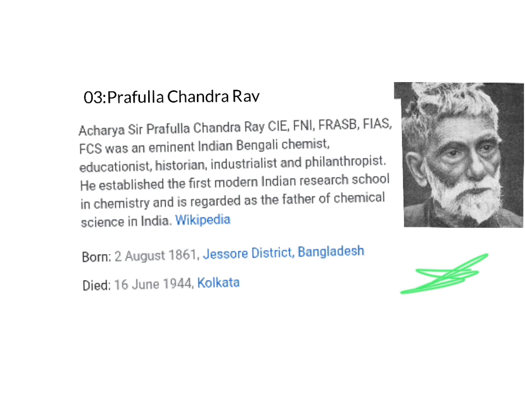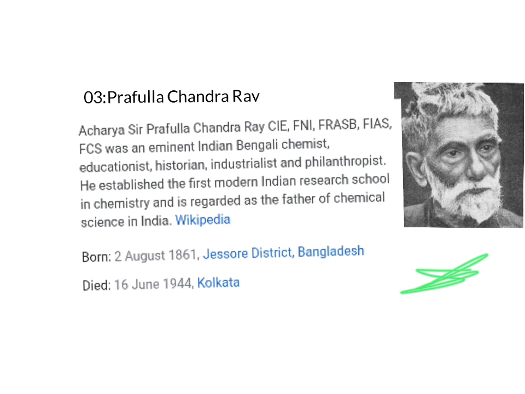And this is the picture of Prafulla Chandra Roy. Okay, so Prafulla Chandra Roy was an eminent, means famous and respected within a particular sphere. Okay, was an eminent Indian Bengali chemist, historian, industrialist, and philanthropist, and he established the first modern Indian research school in chemistry and is regarded as the father of chemical science in India.